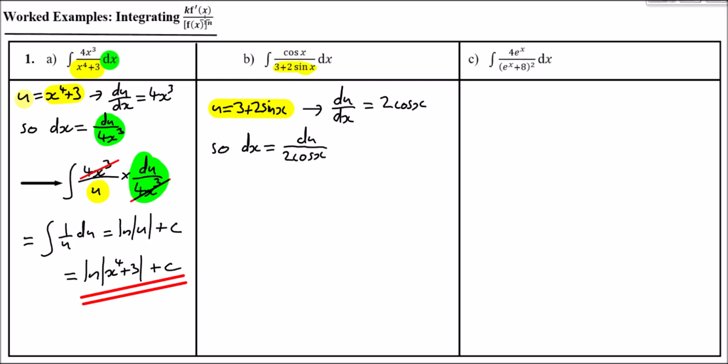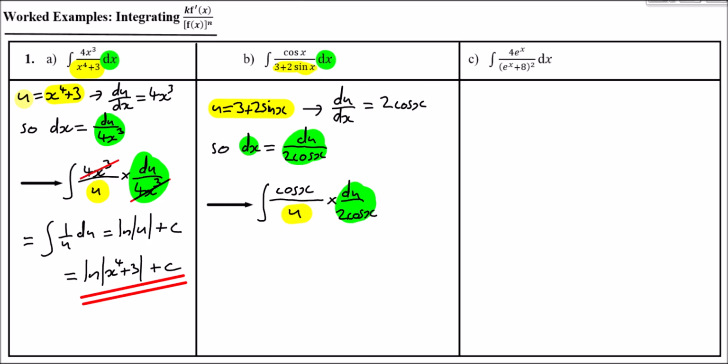So if we now transform our integral using our u sub, cosine x I can leave as cosine x for now. This we said was u, which is no problem. And dx we're going to replace with du over 2 cosine x. So to explain what's happened there, I've replaced dx with du over cosine x, and of course 3 plus 2 sine x we subbed as u.